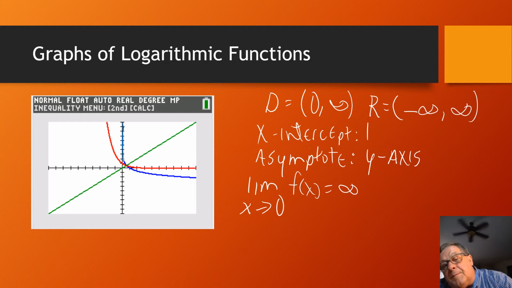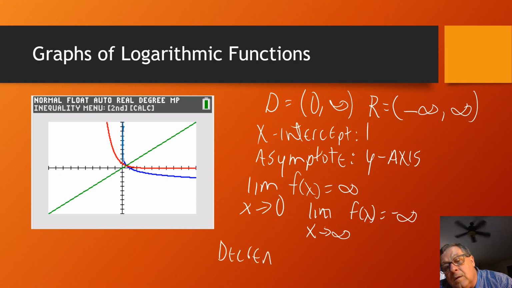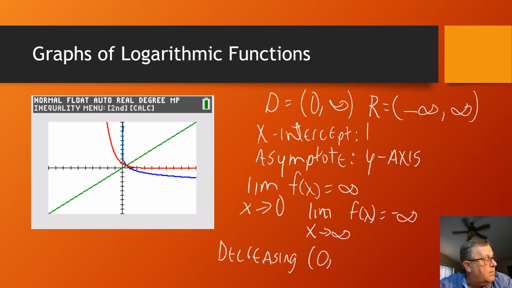And then we've got a limit as x is approaching infinity, f of x equals negative infinity. And then increasing, decreasing, we are decreasing from 0 out to infinity. The x values we're talking about go from 0 out to infinity.